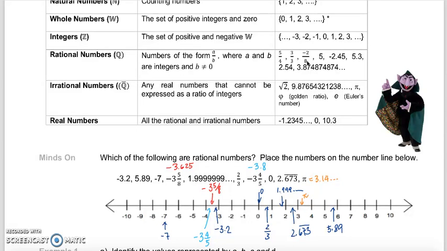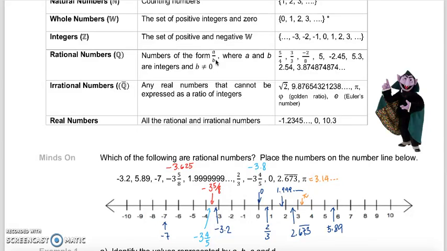Sometimes rational numbers are represented using decimals, like -2.45, 5.3, 2.54, 3.874874874, which is a repeating decimal. These numbers can also be rewritten as what we call a quotient, so a division of 2 integers, A and B. Therefore, these are classified as rational numbers.